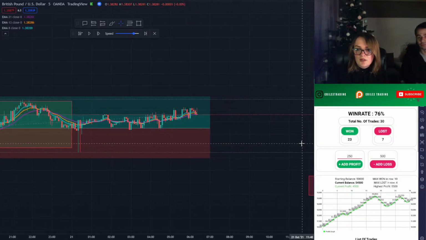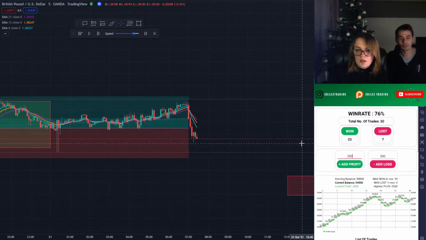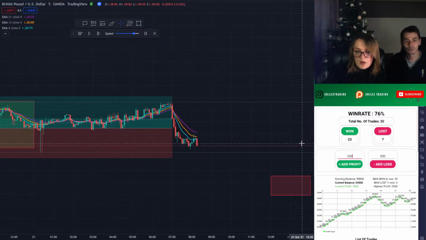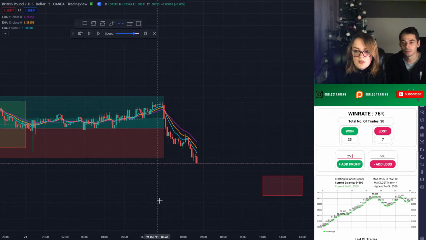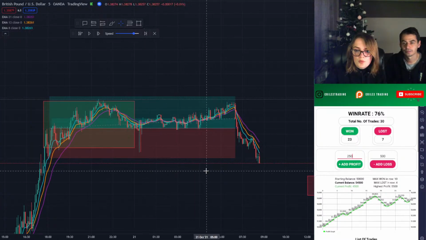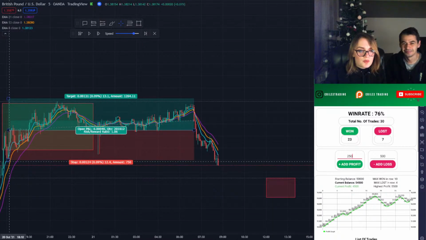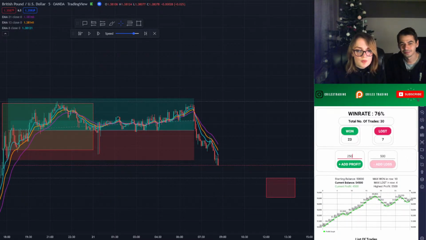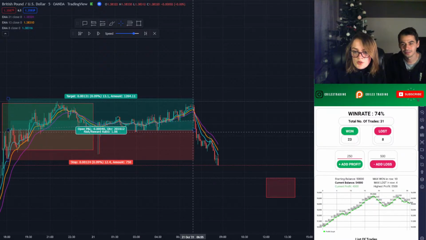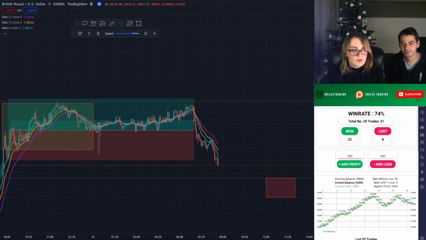It's quite a really long position here. And actually I think we are getting a loss here. Yes, after so much time we've got a loss. And the position was closed on the 21st of October, so I'm going to mark a loss on the 21st of October.